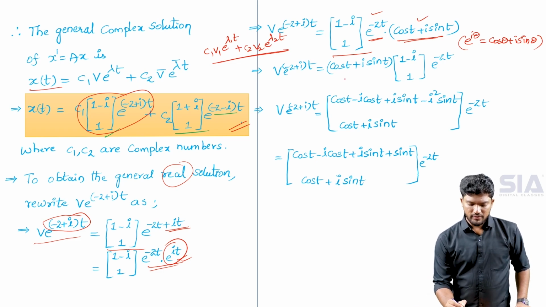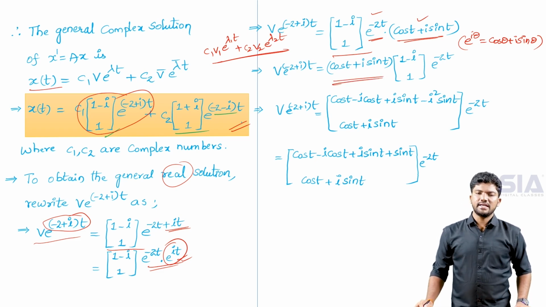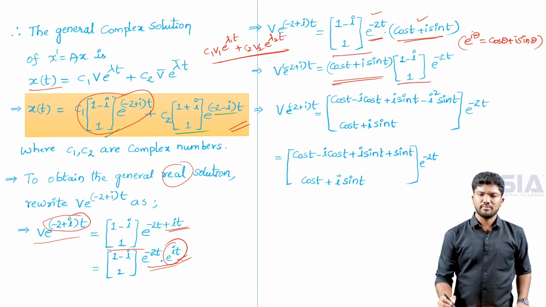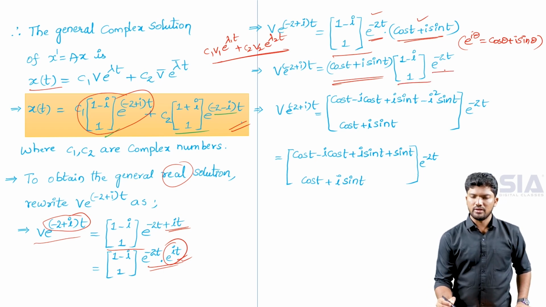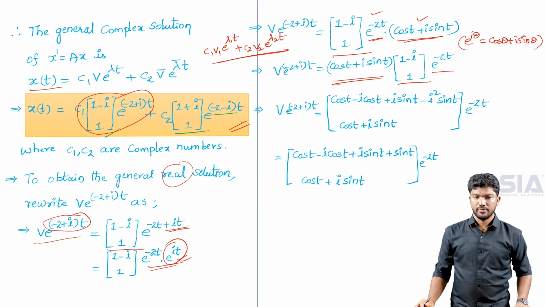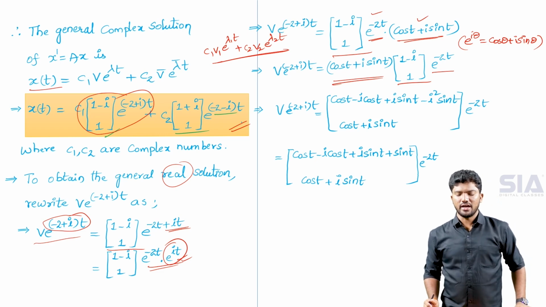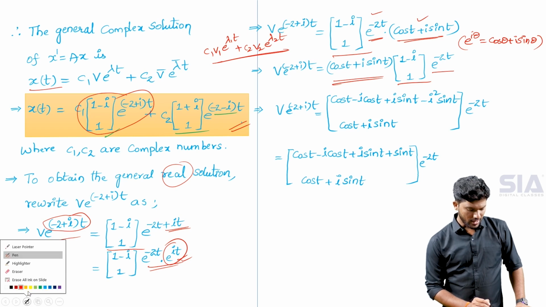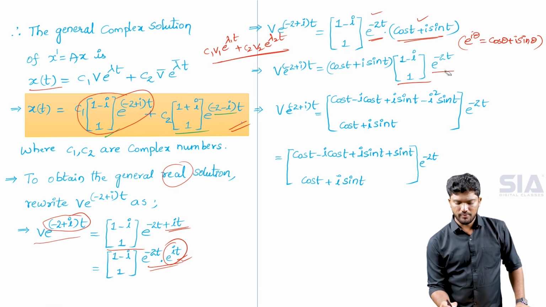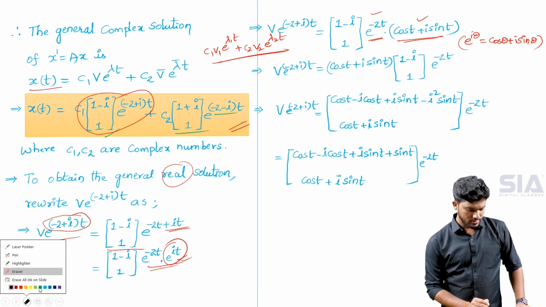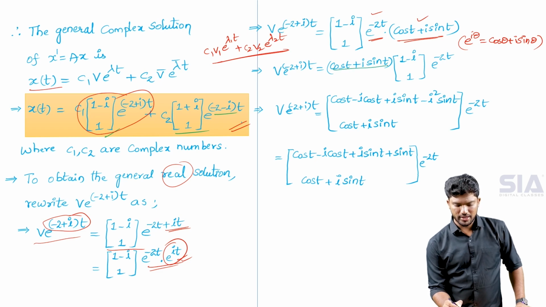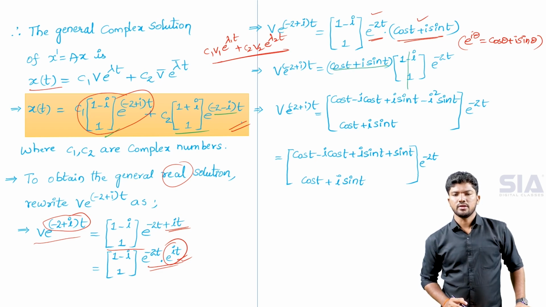Now rewrite that value: cos t plus i sin t into capital V, 1 minus i, 1, and the remaining value exponential power minus 2t. So multiply this trigonometric function with that vector. Here we have one row and one column, then you will get the multiplication. So you have to multiply this row with this column.